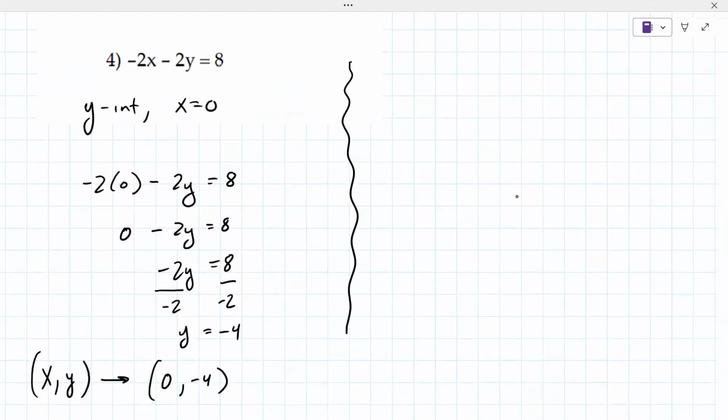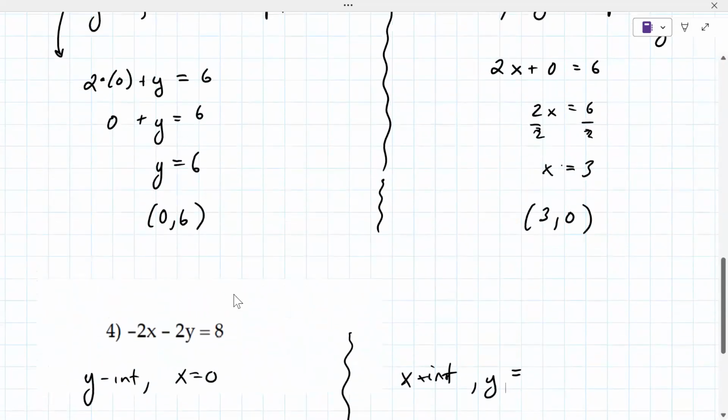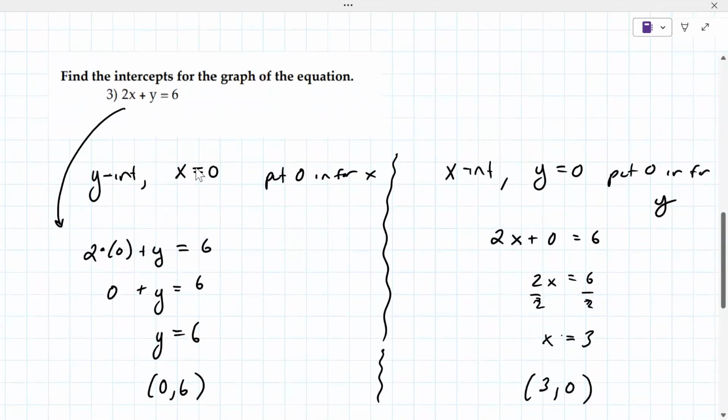For the x-intercept, the other one, what is the y value? Well, let's go back and look at the previous problem. For the y-intercept, you put 0 in for x. For the x-intercept, you put 0 in for y.